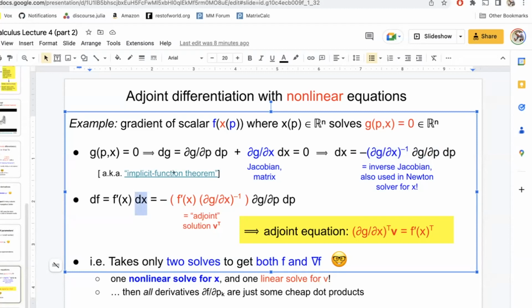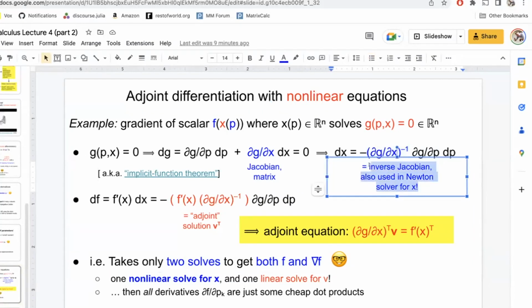And so what you get is f prime of x here with a minus sign from here times this inverse Jacobian matrix times this other Jacobian matrix with the parameters times dp.